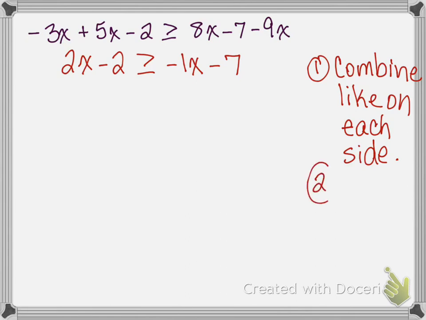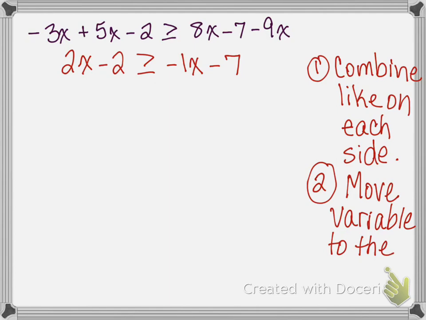Then, the second thing that I would do is no matter what, when you're doing inequalities, move the variable to the left. So instead of taking the 2x and bringing it to this side, so instead of subtracting 2x from both sides, I would add 1x and always take the variable that's on the right-hand side and move it to the left.